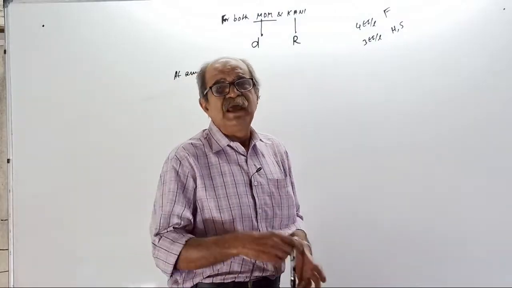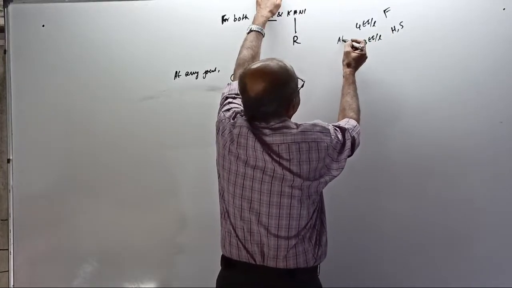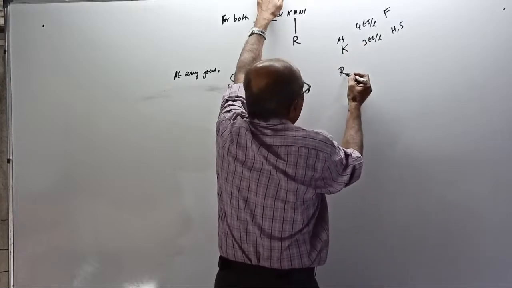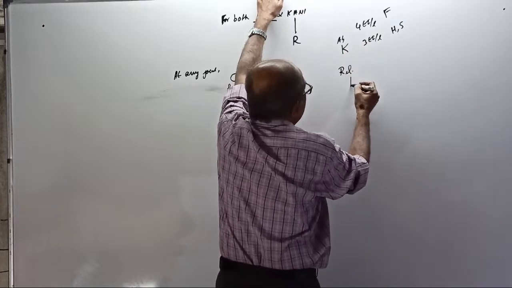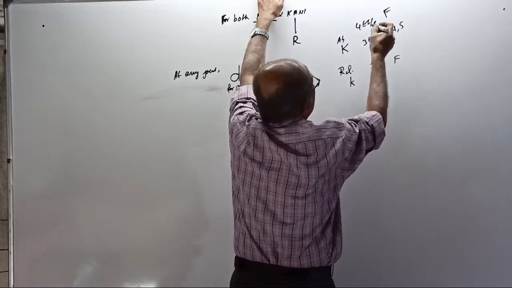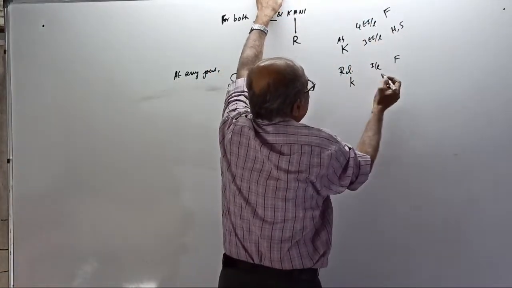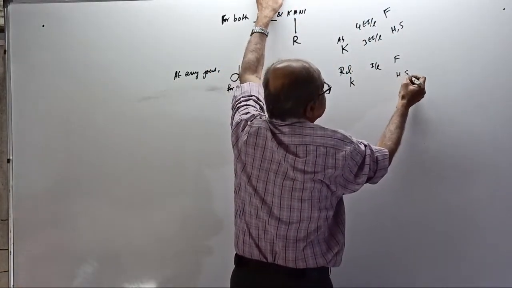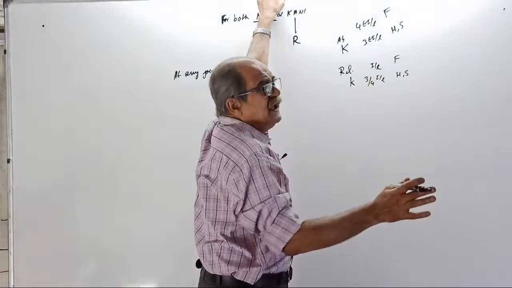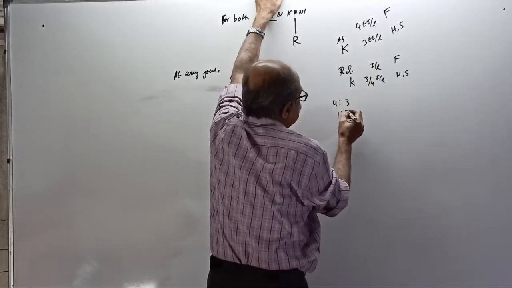So to save time, if you use absolute stiffness it is capital K, or you can use relative stiffness, small k. Then when the far end is fixed, it is simply I by L. Divide both by 4E: I by L, and for hinge or simple support it becomes 3/4 of I by L. Both are the same. See, 4:3 is 1:3/4.